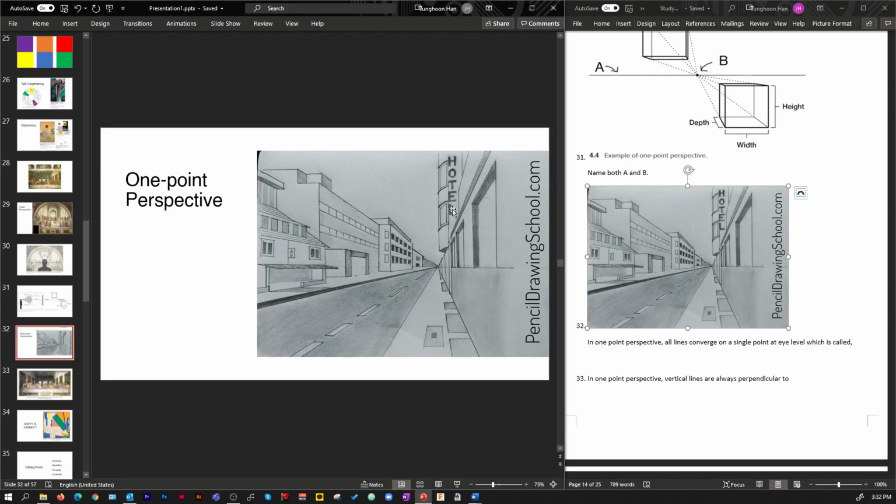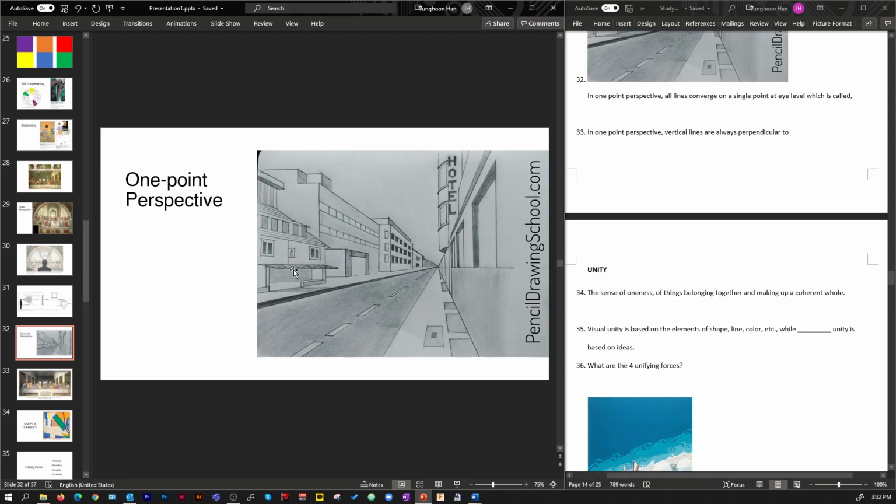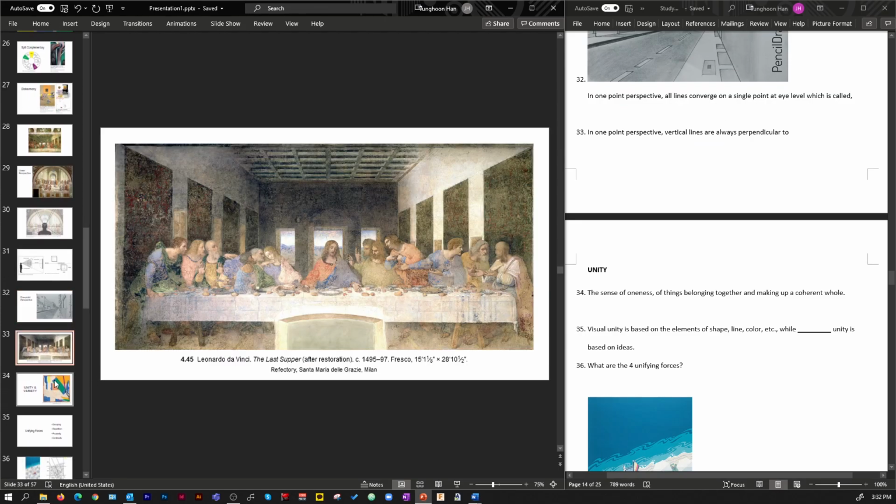What are they perpendicular to? That will be the horizon level or eye level, the horizontal line that crosses the vanishing point. For instance, the horizon level will be somewhere right over here, and all the vertical lines are perpendicular to it.